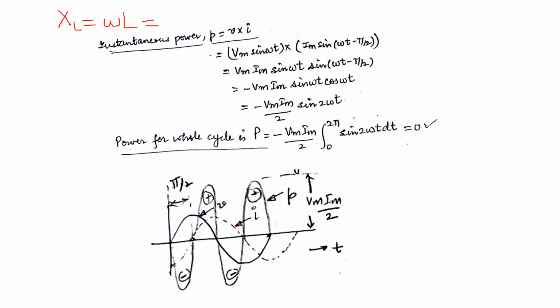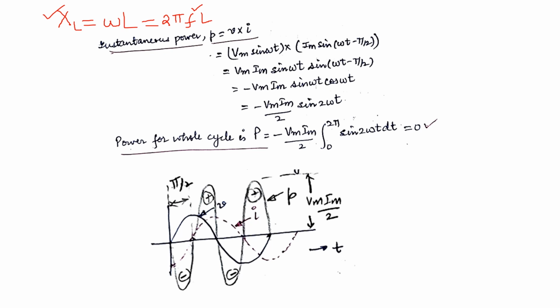The unit of XL is ohms. So we can see that the inductive reactance depends directly on the frequency f, and the higher the value of the frequency, the greater will be the reactance offered.